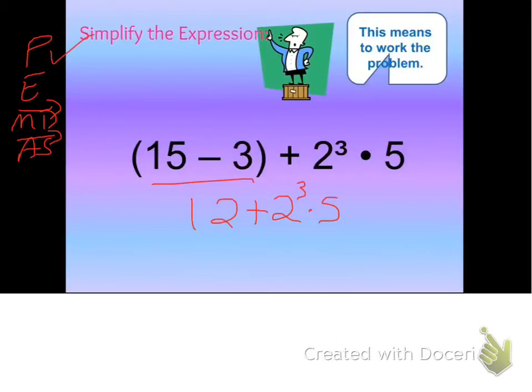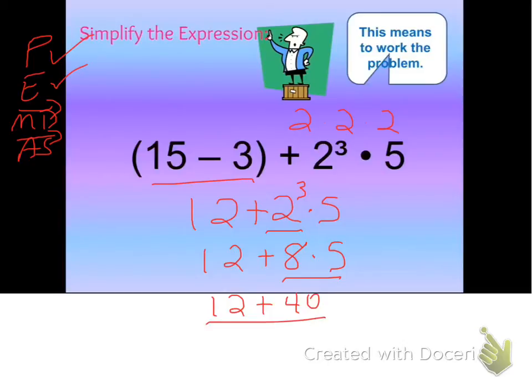Next is exponents, which we have one right here. 2 to the third power is really 2 times 2 times 2. 2 times 2 is 4. 4 times 2 is 8. So that means 12 plus 8 times 5. Next is multiplication and division. So I'm going to multiply 8 times 5. So that means 12 plus 40 is next, which gives me 52.